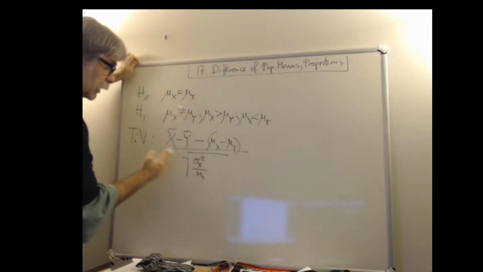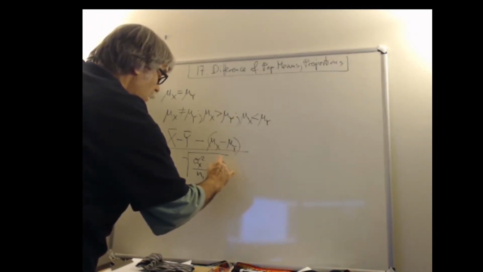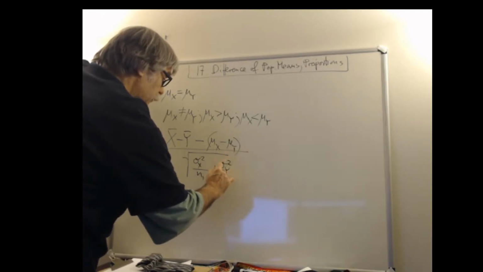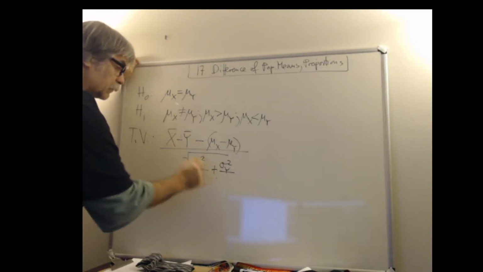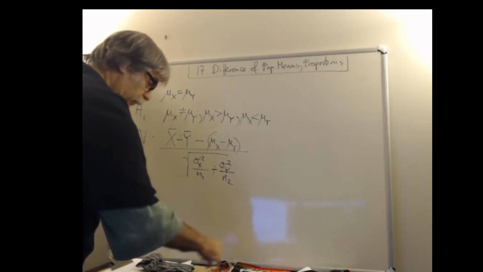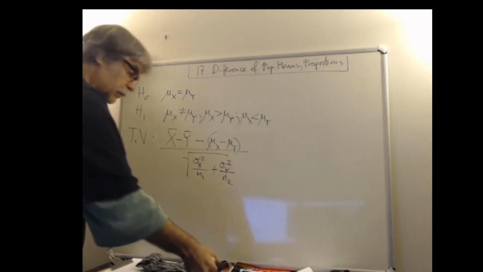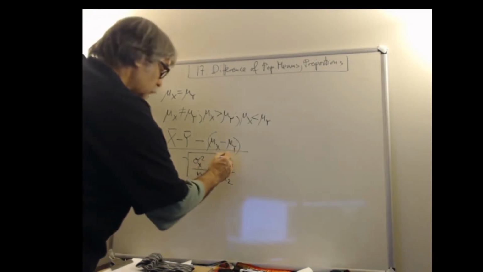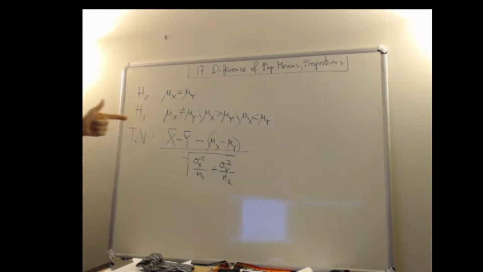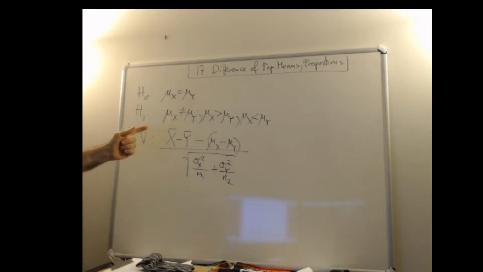This is the sample size of what you have in the sample X. And the variance of Y-bar is similar, and then again, N2 would be the sample size for the sample where you have the Y items. Okay? So this is supposed to be, the central limit theorem says, the Z value.